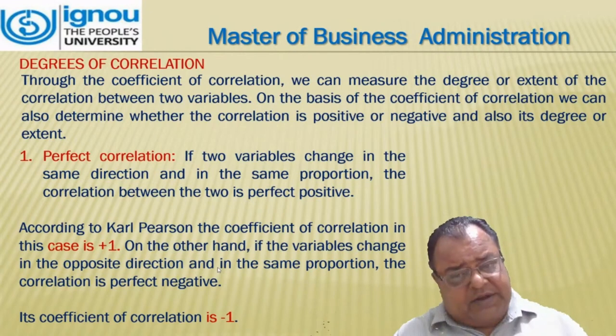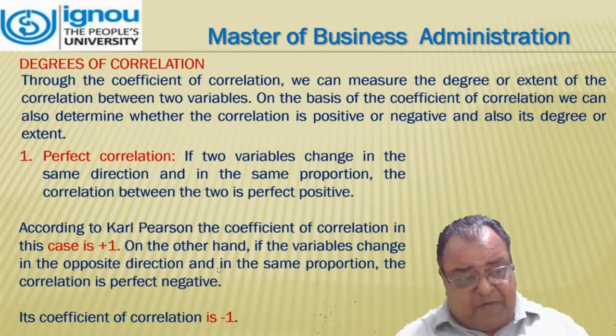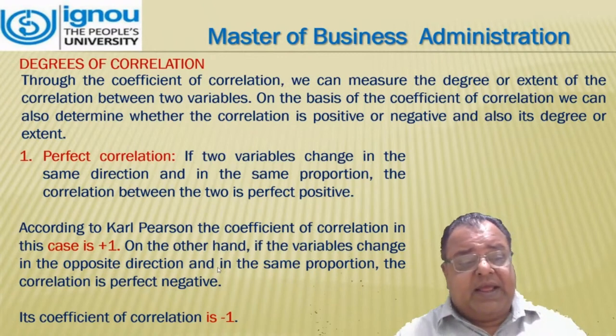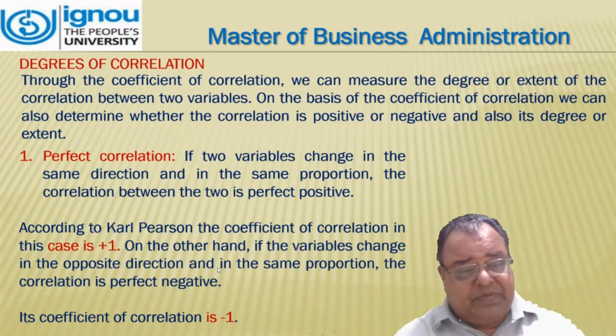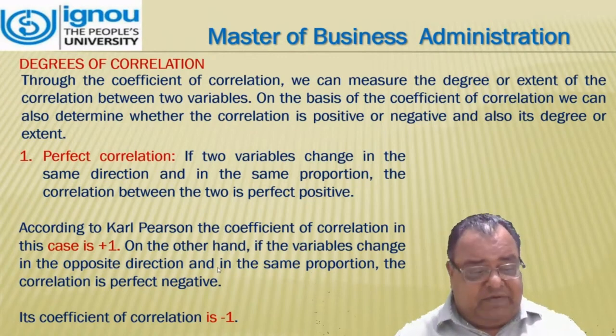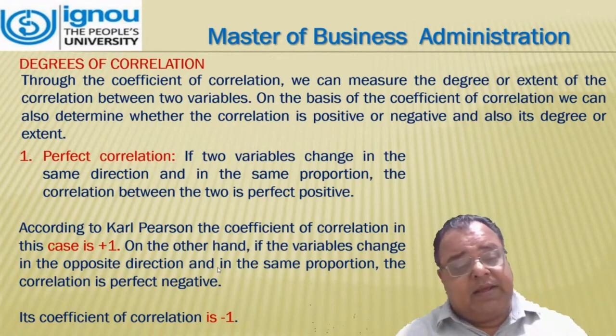If two variables change in the same direction and in the same proportion, the correlation between the two is perfect positive. According to Karl Pearson, the coefficient of correlation in this case is +1. On the other hand, if the variables change in the opposite direction and with the same proportion, the correlation is perfect negative, and in that case, the coefficient of correlation will be -1.